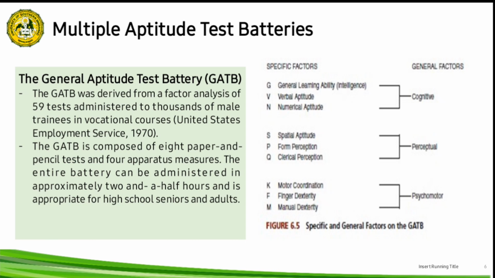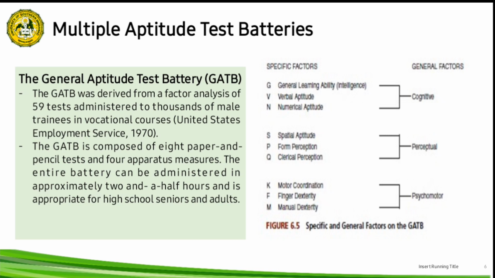The GATB was derived from a factor analysis of 59 tests administered to thousands of male trainees in vocational courses. The GATB is composed of 8 paper and pencil tests and 4 apparatus measures. The entire battery can be administered in approximately 2.5 hours and is appropriate for high school seniors and adults.